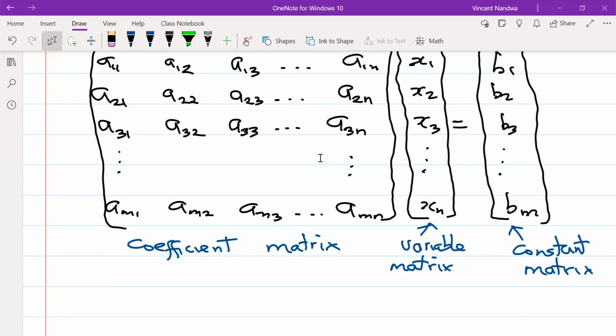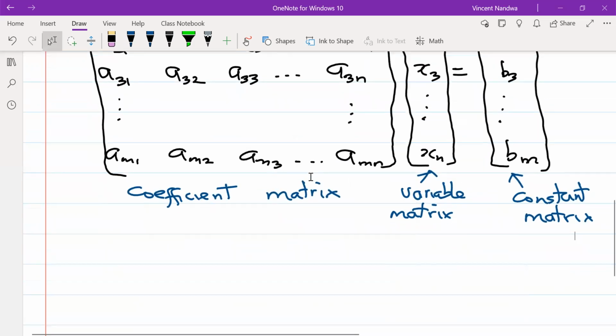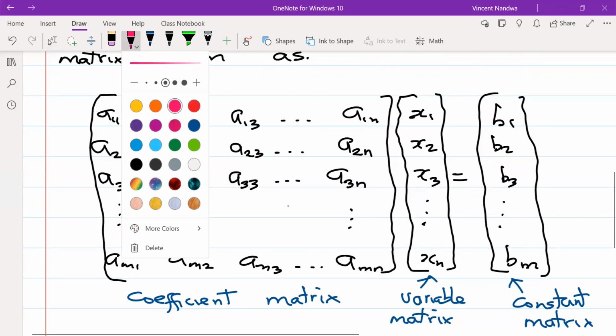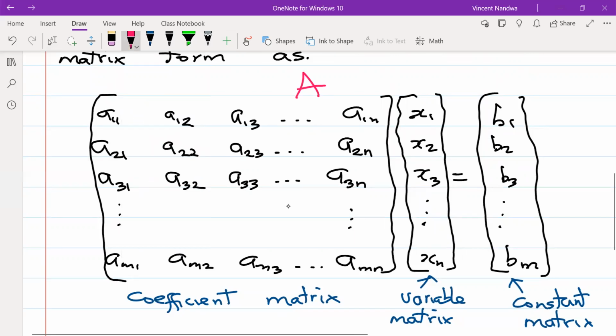And when we arrange system 1 in that way, we say that system 1 has been written in augmented form. So you see, the structure is of the form: there's a matrix A, and then there's a vector X, and then there's a constant vector B.